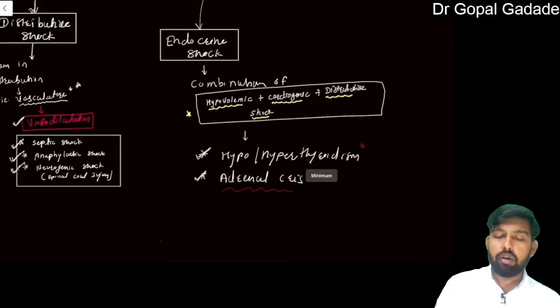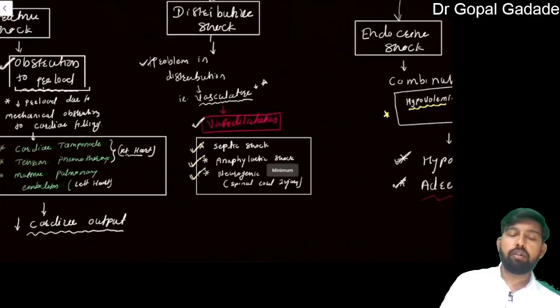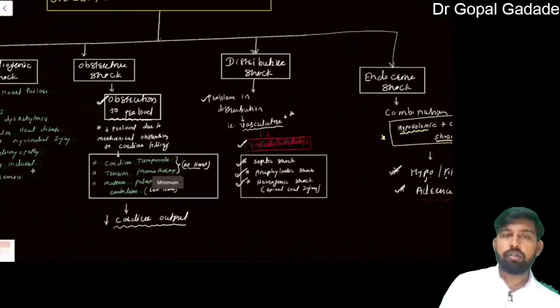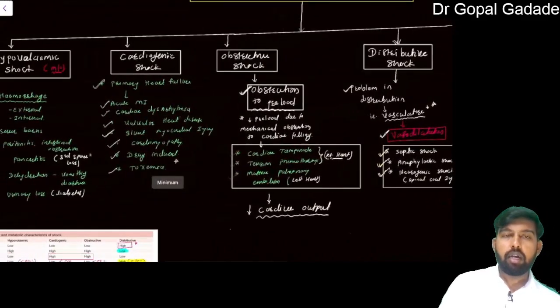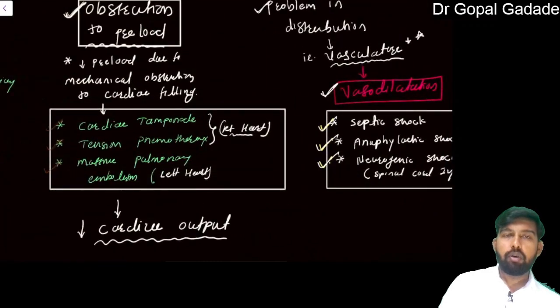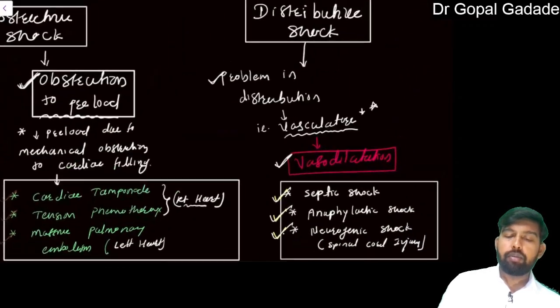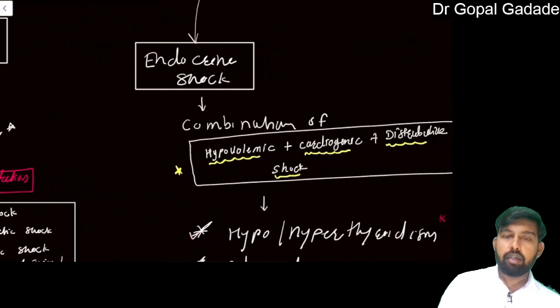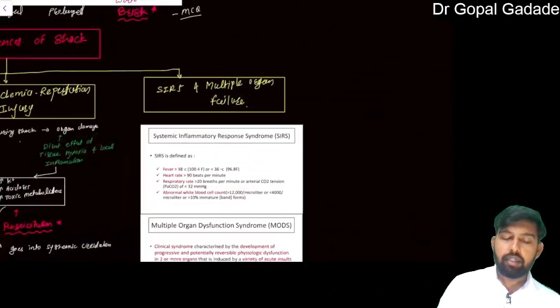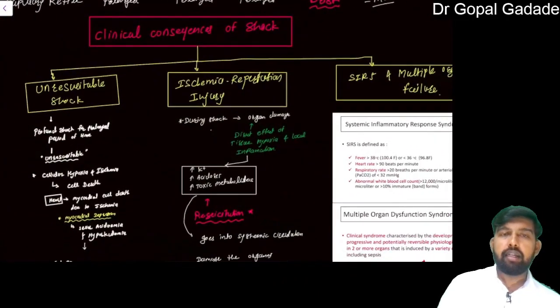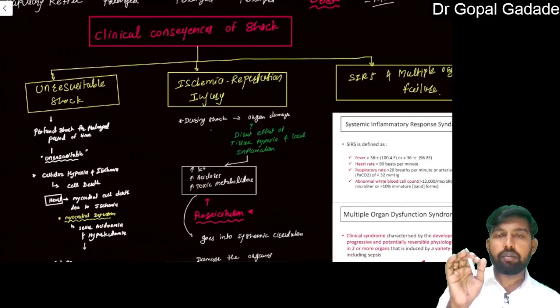So this is all about the different types of shock: hypovolemic shock, cardiogenic shock, obstructive shock, distributive shock, and the endocrine shock. So let's see the different clinical consequences of the shock.